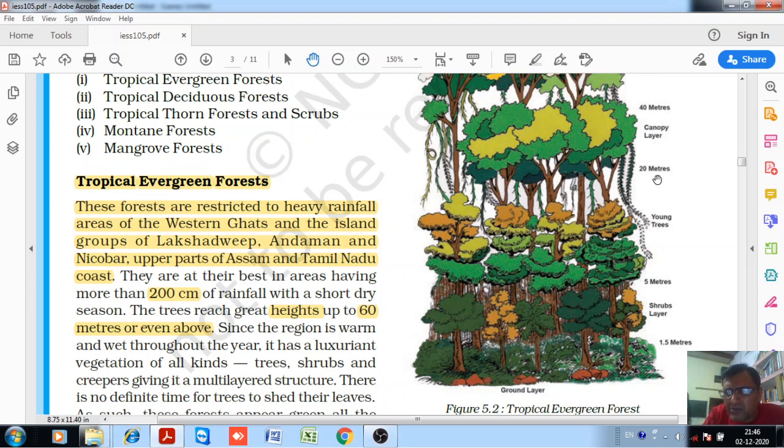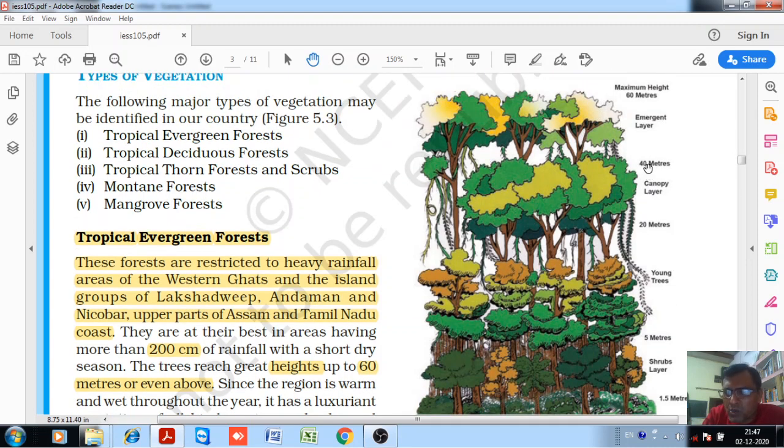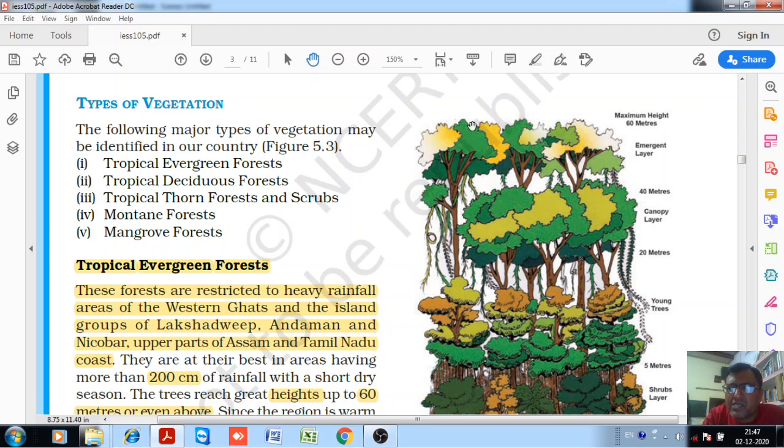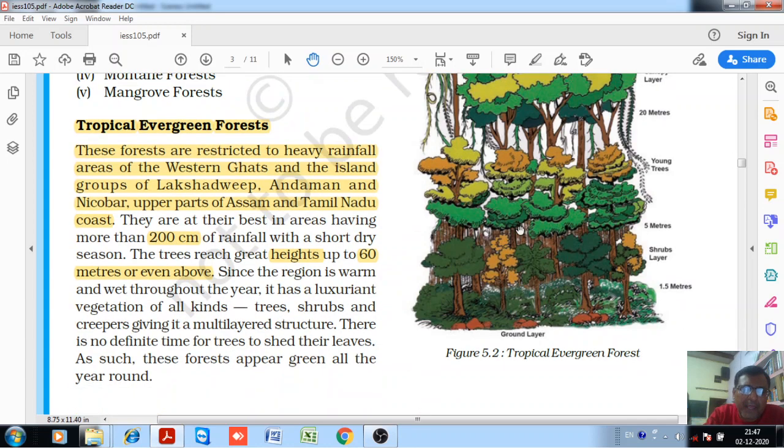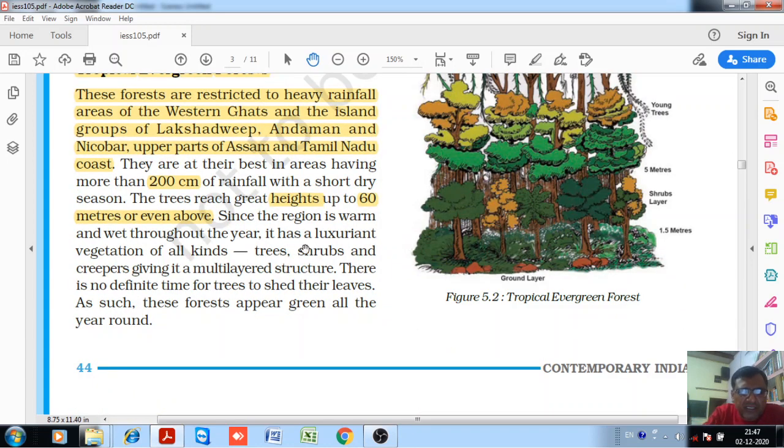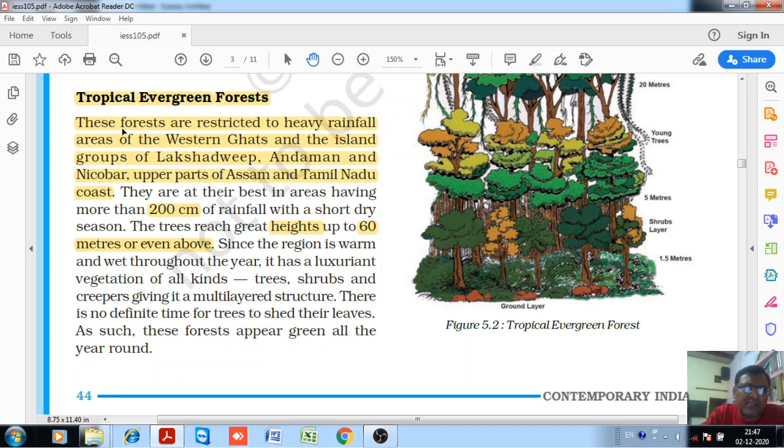Then 20 meters height trees. And now this is the layer of the canopy of the forest, up to 40 meters height, and these are the emergent layers, and the maximum height of this forest goes up to 60 meters. So in this way, the characteristics of tropical evergreen forests are very clear to write for 3 or 5 mark questions.